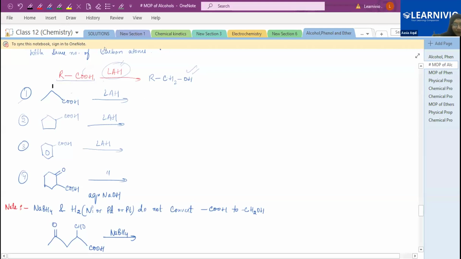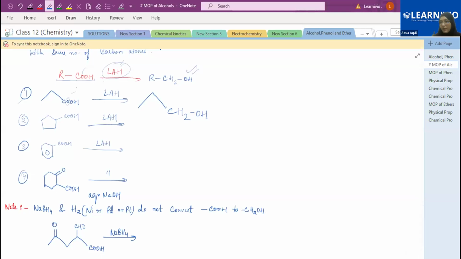Which alcohol will it be? What you are supposed to do is keep this as it is, just remove this oxygen from here, add H2, and you get CH3CH2CH2OH. This will be your alcohol on the reduction of carboxylic acid. Is it clear, Anisa and Muniba? Yes, ma'am. Okay. Now tell me, what will be the product in the second, third, and fourth?